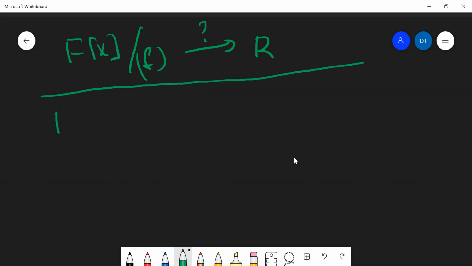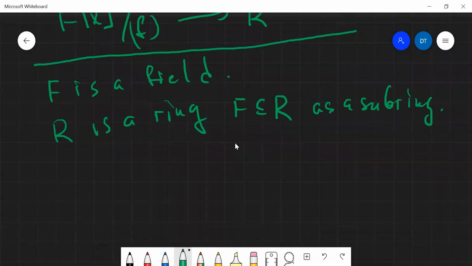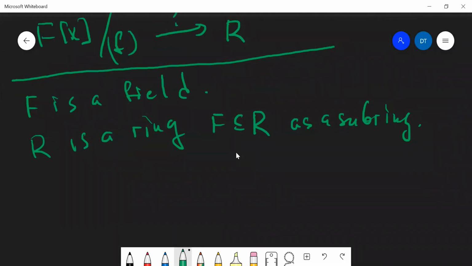I will assume that F is a field, R is a ring, and R contains F as a subfield, as a subring. So this is my setting.